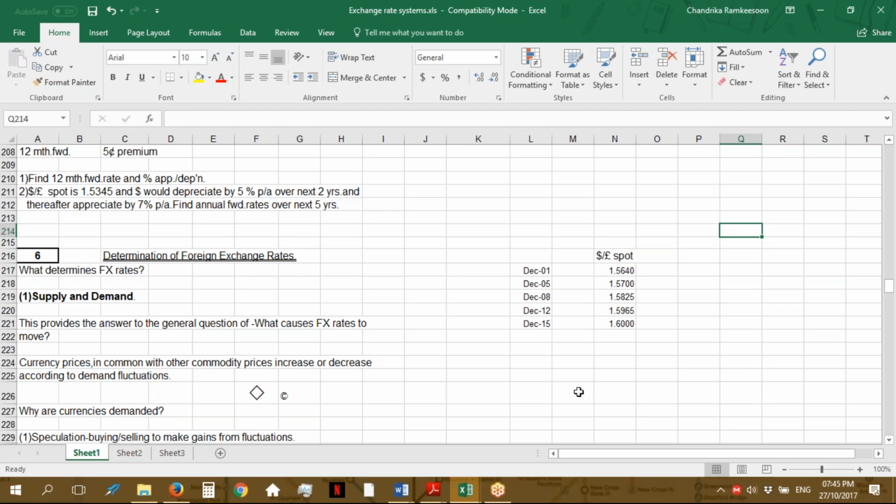If you were to look at the financial pages of a newspaper like the Financial Times, at the spot rates today between different currencies, all sorts of cross currencies, the rates will be quoted in a certain way. Now, the examiner does not expect you to know how all rates are quoted, because there are so many exchange rates all over the place.